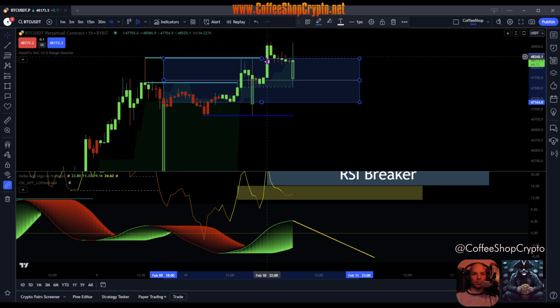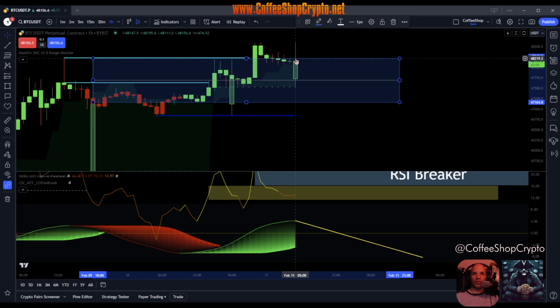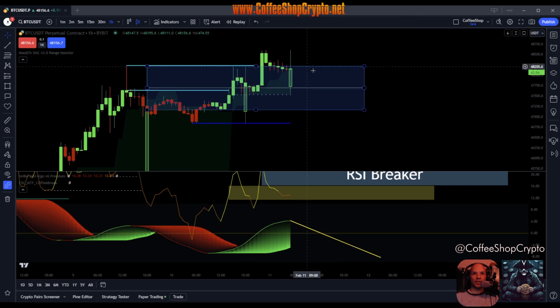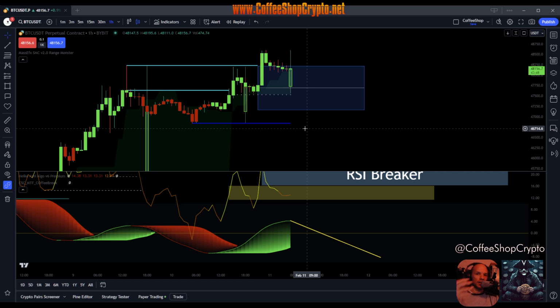As soon as price broke out, you went just another couple of candles and the sell-offs started taking place. So now I'm just waiting, and this new candle is forming, and it's having trouble breaking the mid, which is nice, but it's also having trouble breaking that top section. So it's a clear indication that this good resistance area is still a very strong resistance area. It's going to take a lot to get through there.